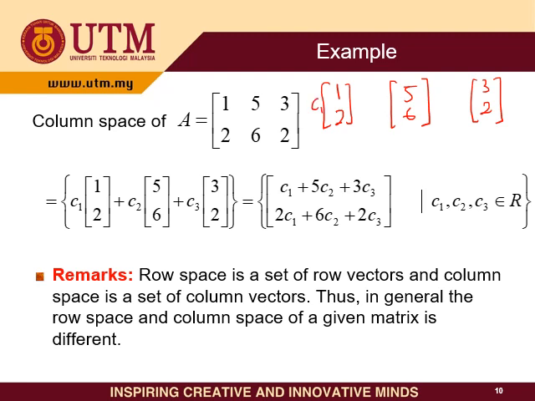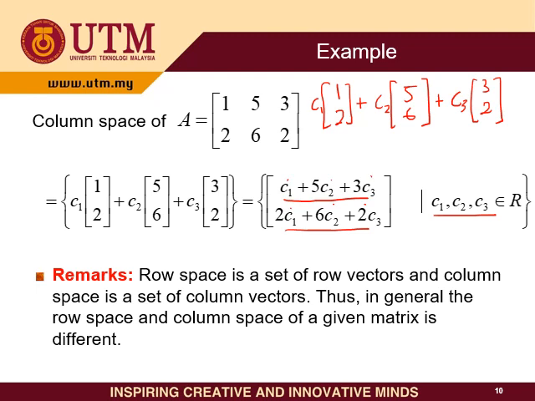So this will be c1, this will be c2, this will be our c3. Solving this will give us the column space of A. You can see here 1, 2 plus 5, 6 plus 3, 2, where all the scalars are real numbers.